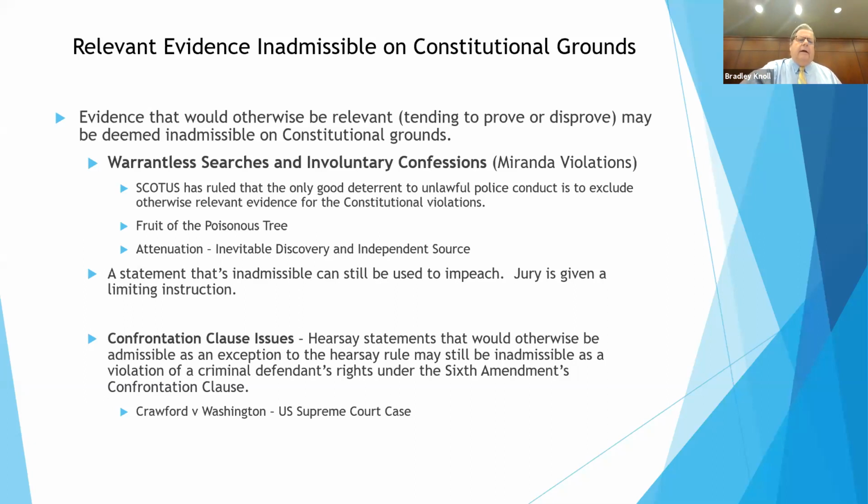But there's what's called attenuation, involving inevitable discovery or an independent source. And I rested my decision on the idea of an independent source, meaning that, well, yeah, the police officer asked the question. He should have advised him of his Miranda rights ahead of time. He didn't, but all of that evidence that was obtained would have been obtained or was obtained from an independent source.